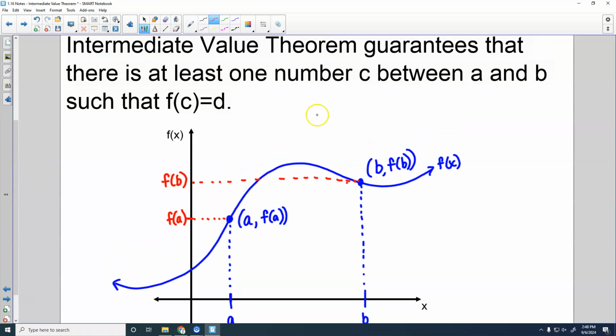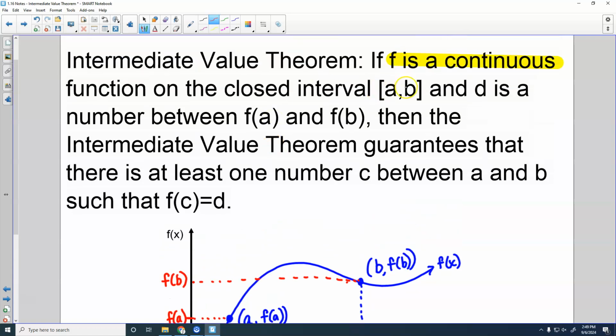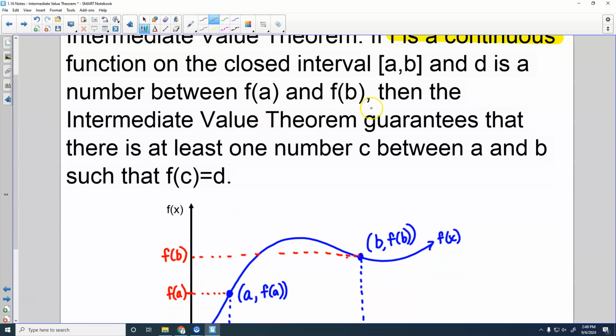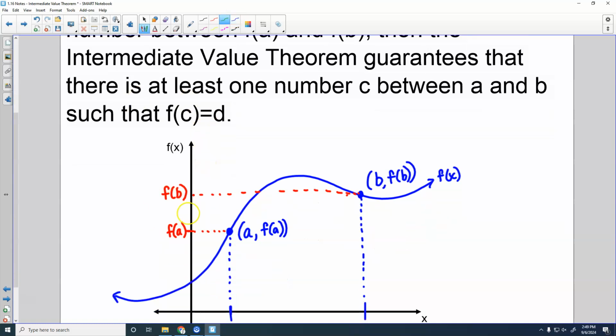So it's telling me that if we're continuous from a to b, and d is a number between f of a and f of b, I'm going to put d right here. And so I'm going to draw myself a dotted line out here like this.